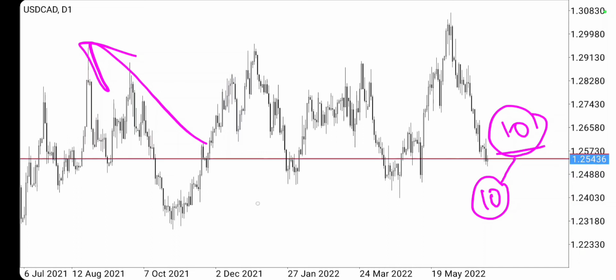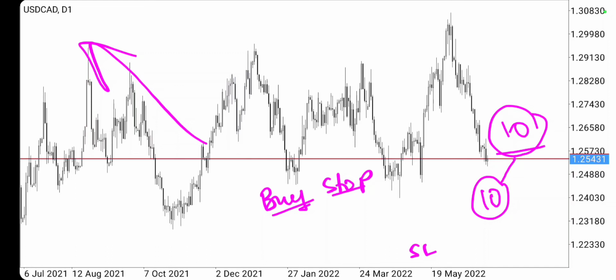But I'll just show you the buy stop. Remember, in terms of where you are placing your buy stop and where you're placing your stop loss, the stop loss is the one you place below the zone that you are trading.